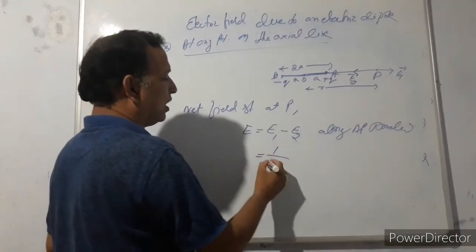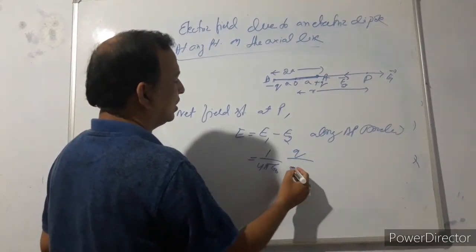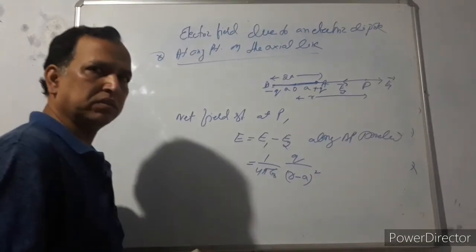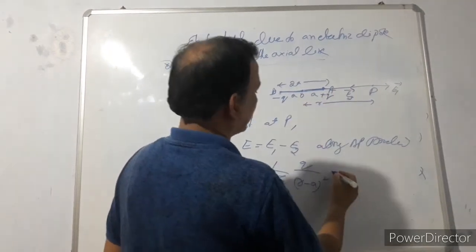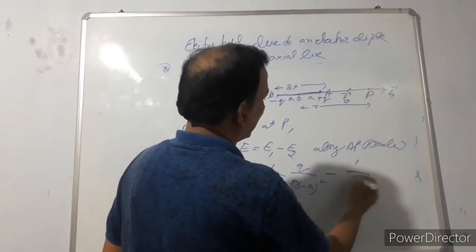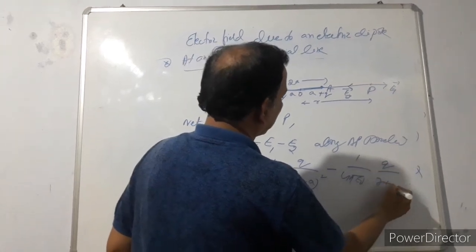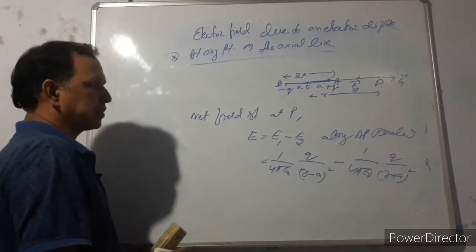E1 means 1 by 4 pi epsilon naught q by r minus a whole square. E is equal to 1 by 4 pi epsilon naught q by r minus a whole square minus 1 by 4 pi epsilon naught q by r plus a whole square along AP produced.